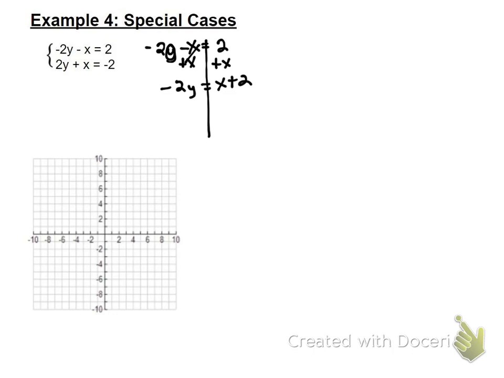Then I get the y by itself by doing what? Dividing by negative 2. So y is going to equal negative 2x. Now wait, not negative 2x, because my 2 is not on top, is it? My 2 has to stay on the bottom, right? So 1 over 2. There we go.